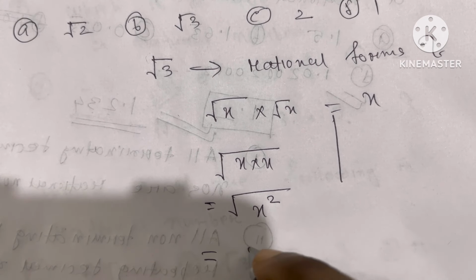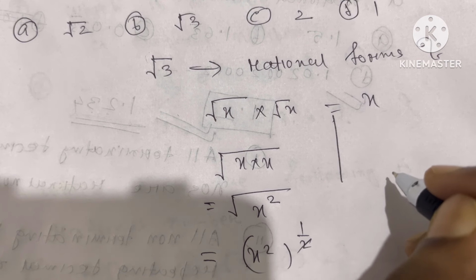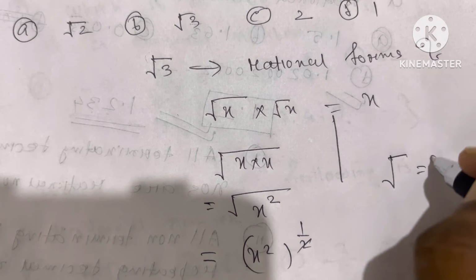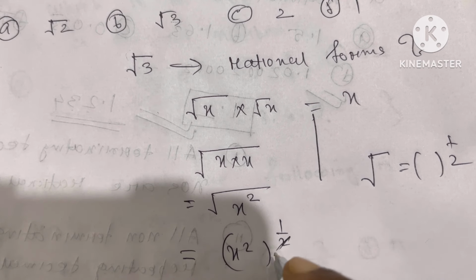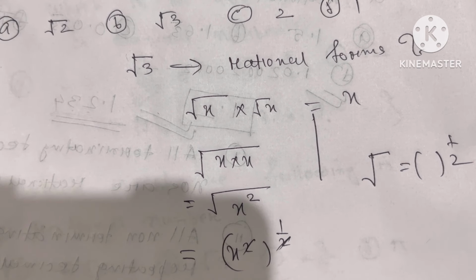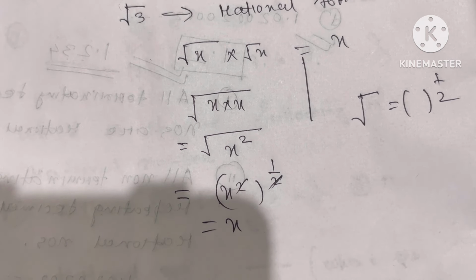So this implies x power 2 to the power half, because square root means to the power half. So this gets cancelled, and the answer will be x. So this is very simple. Root x into root x is equal to x.